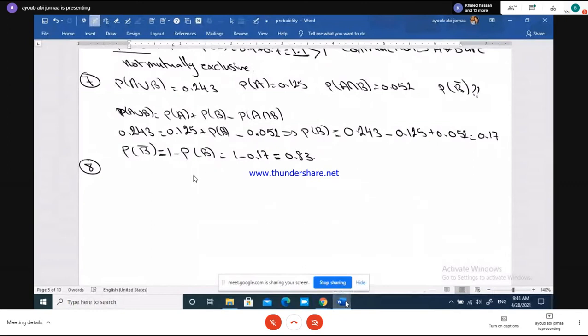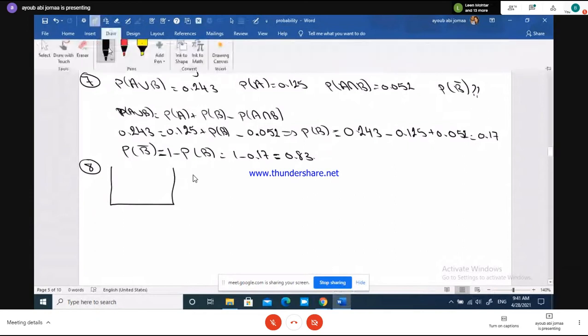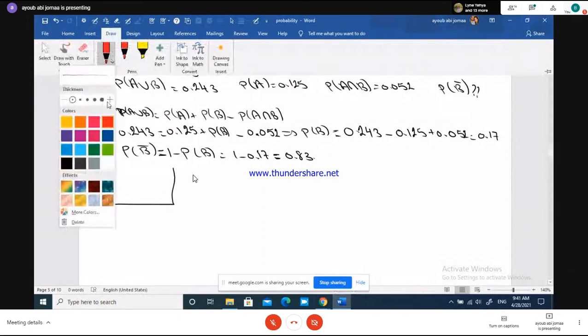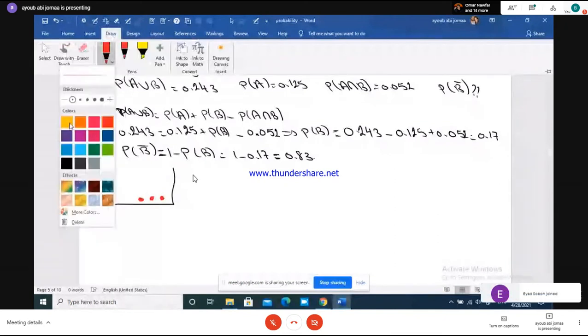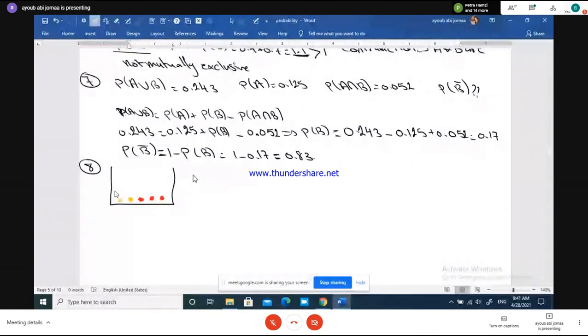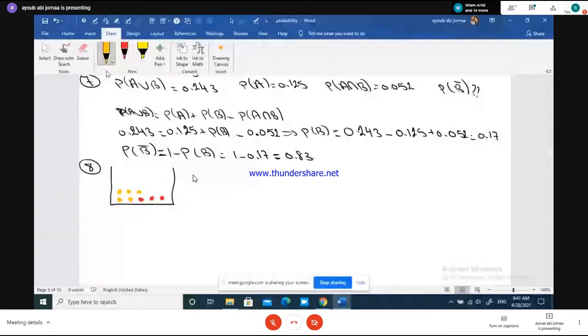So we have in this jar 3 red, and we have 5 yellow, and we have 2 green, right?